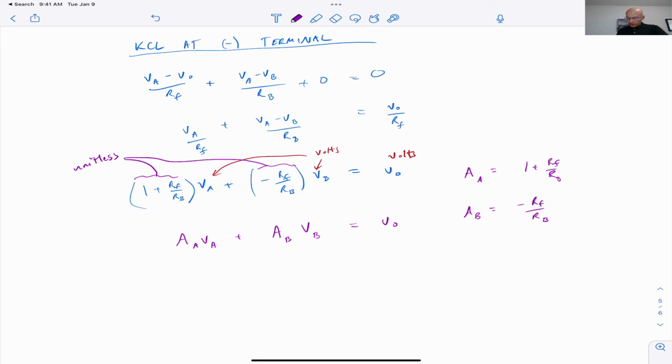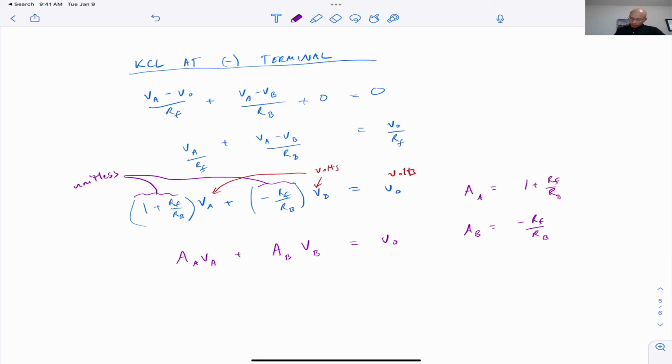So what does this op amp do? Notice it performs basically a weighted subtraction between VA and VB. So it takes a difference, and VA and VB are inputs, and they get weighted by AA and AB. And depending on how you want to weight the two terms, you can design these gains AA and AB.